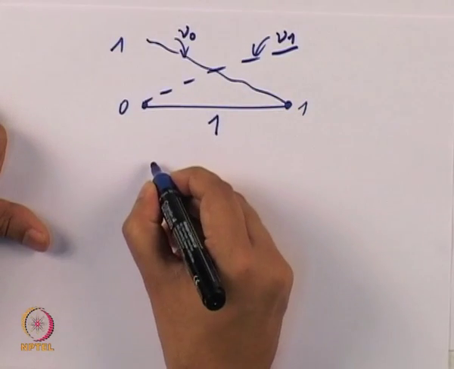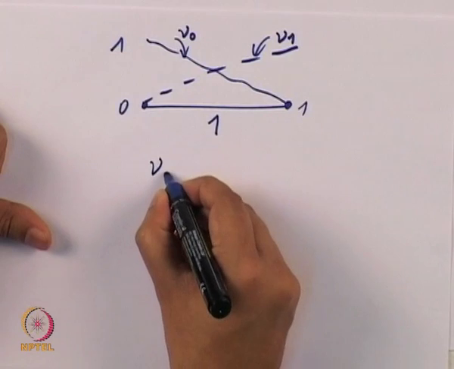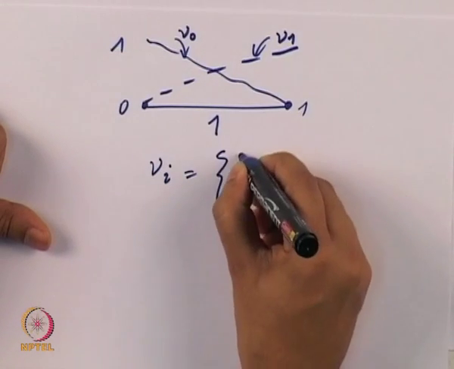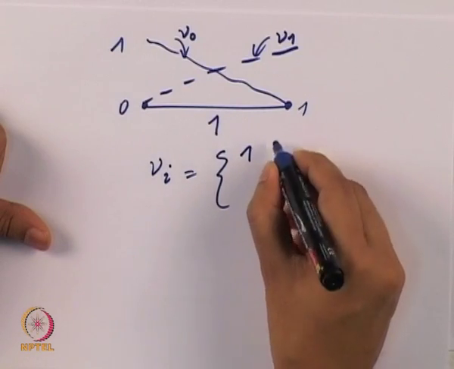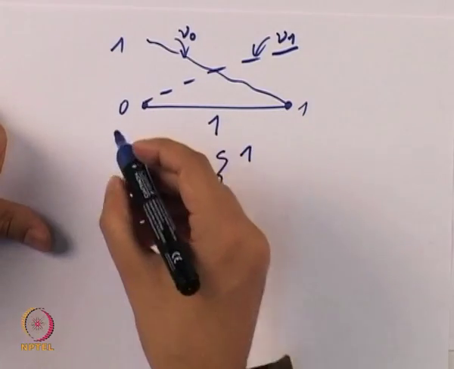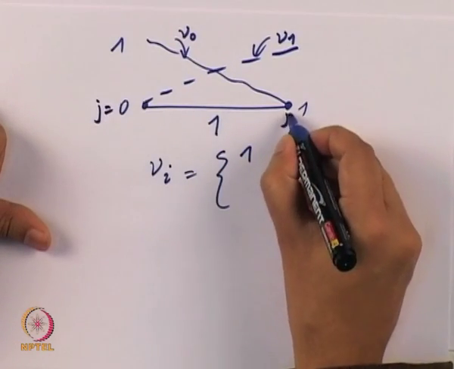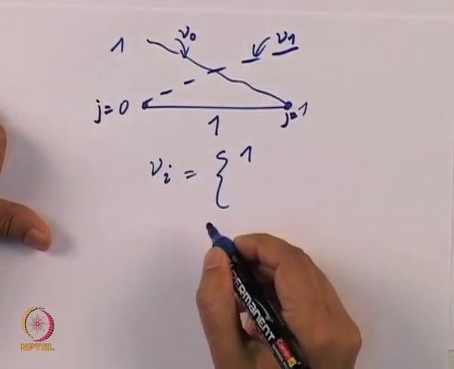So you can write v of I is equal to 1 if, let us say these are j's, j equal to 0, j equal to 1, the nodal numbers.